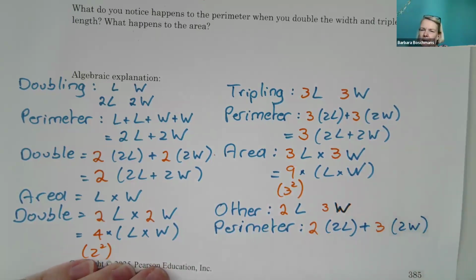We don't have that common factor to take out. I mean, if you take out the 2 that's in blue, then you have a 2 and 3 inside parentheses, which is not the formula for perimeter.